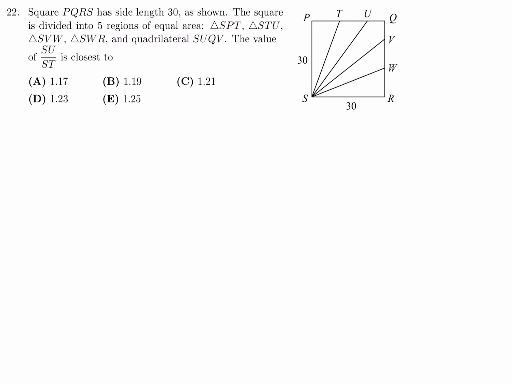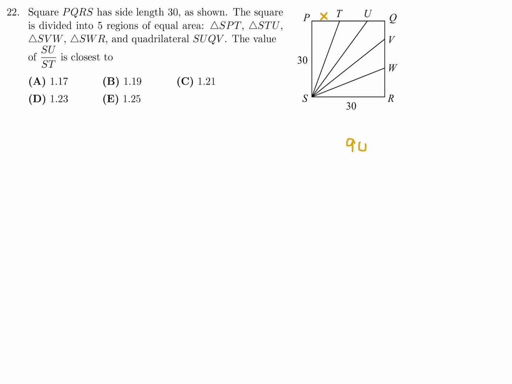The square PQRS has side length 30. As shown, the square is divided into 5 regions of equal area. The value of SU over ST is... Okay, well, let's call from here to here X. Well, all of these have equal area, so that means the area of this triangle is 1/5, right? 1, 2, 3, 4, 5. 1/5 the area of the square.